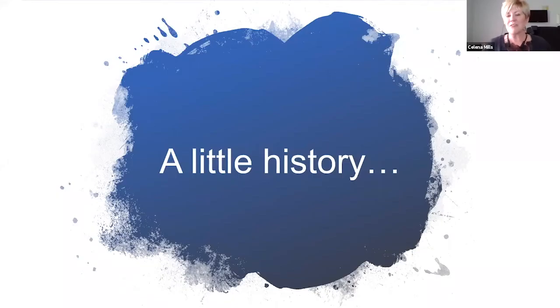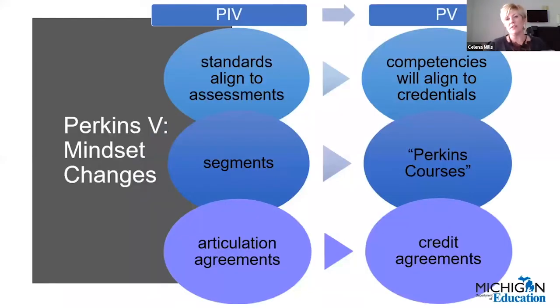So I want to start first with a little bit of a history. Why is this change happening, and why are we making this shift now? Perkins 4 was the federal legislation that we worked under starting in 2008. So if you've been teaching or entered teaching in the construction area after 2008, then this is probably all you've ever known.